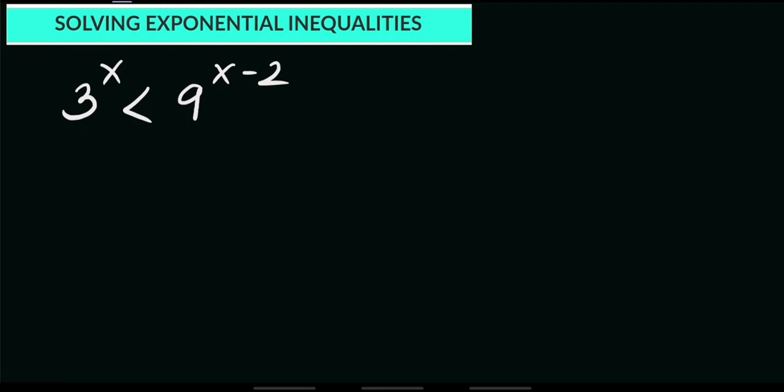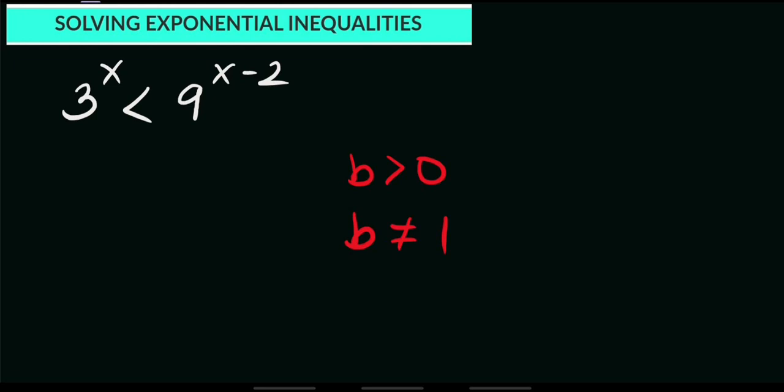before mo i-equate yung mga corresponding exponents nila, meron na tayong additional step. According to the concept of exponential functions, the value of our base is greater than 0, and that base should not be equal to 1. Yun yung pinaka-concept natin for exponential. But this time, i-consider naman natin yung direction of our inequality symbol.